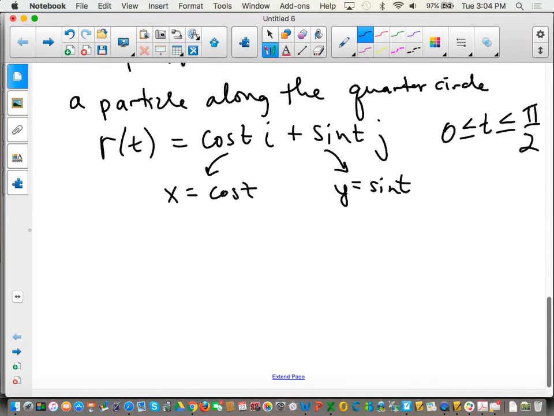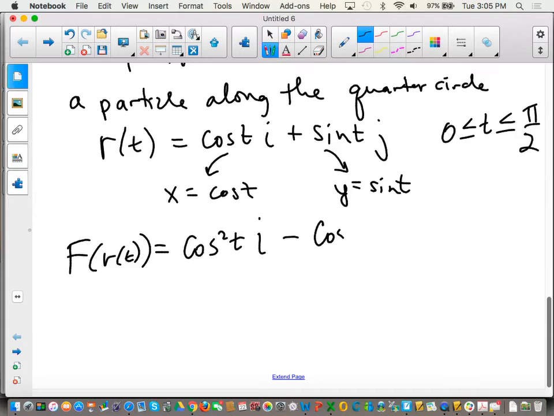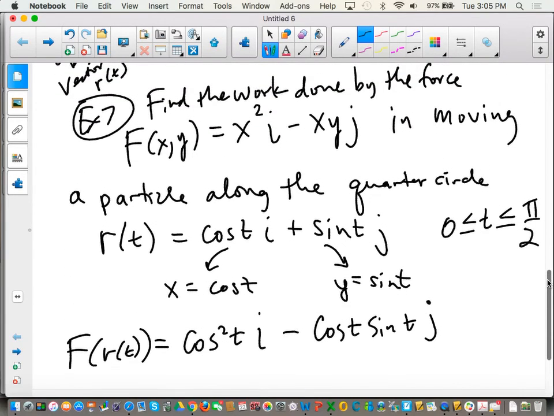So F of r of t, putting those into that given equation: first x squared would be cosine squared of t i, minus, and then for the xy, it's cosine of t sine of t j. So we just took these and plugged them in there.